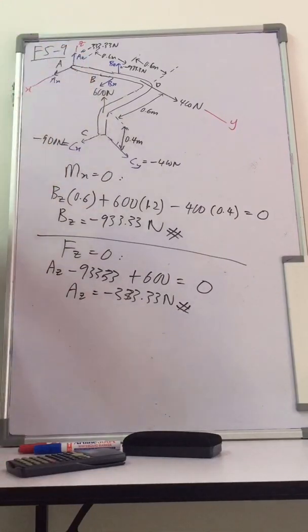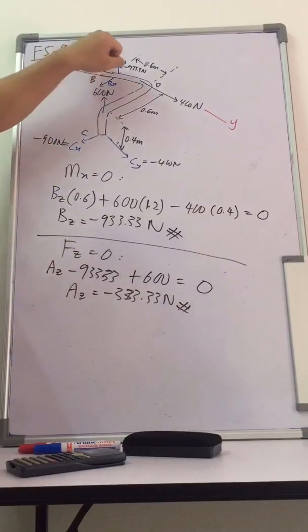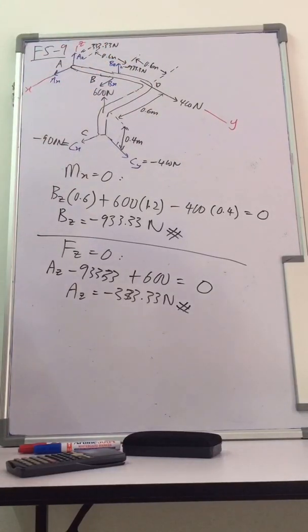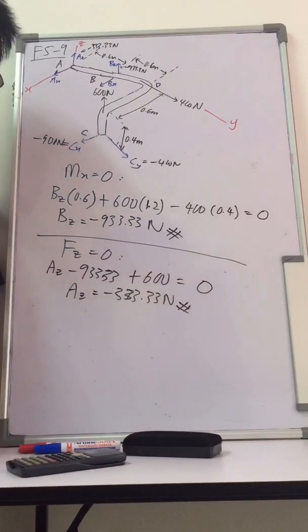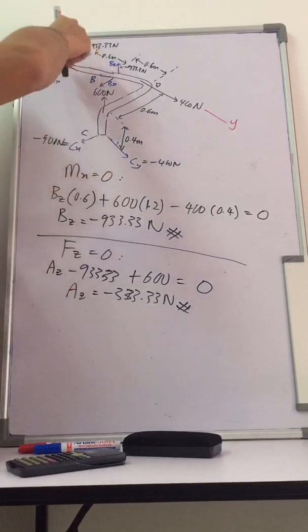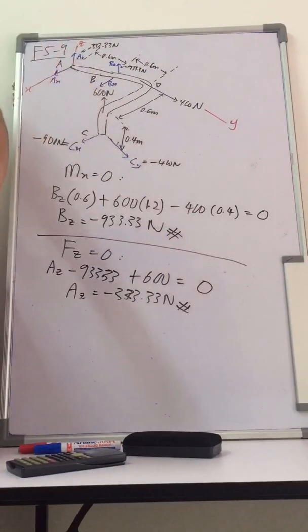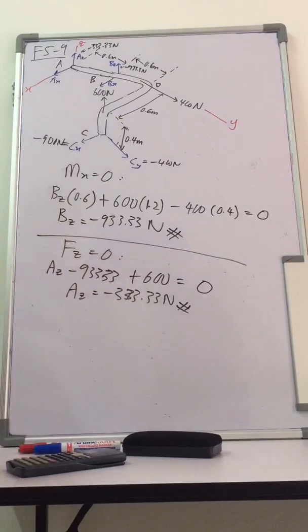Okay, again, what does it mean by this value? The magnitude of AZ is 333.33 Newton, but the direction is going downwards, not upwards. It is opposite of the initial assumption, right?